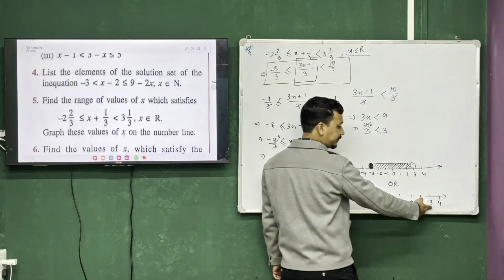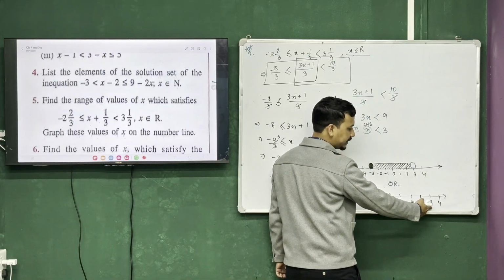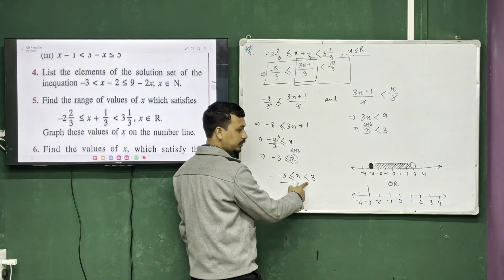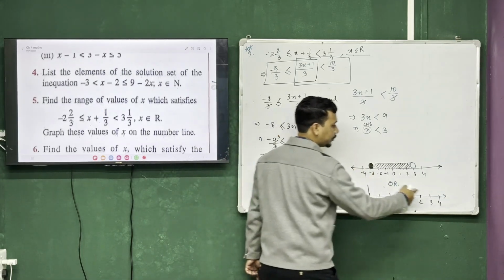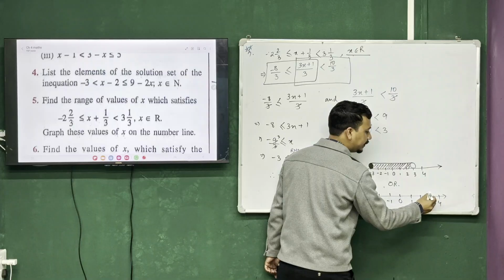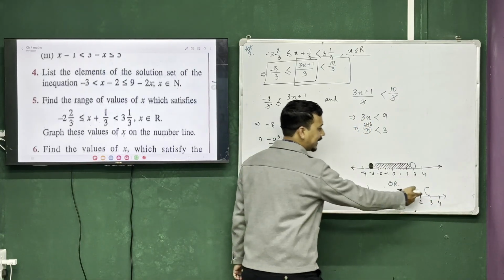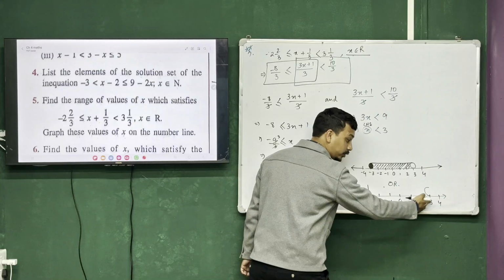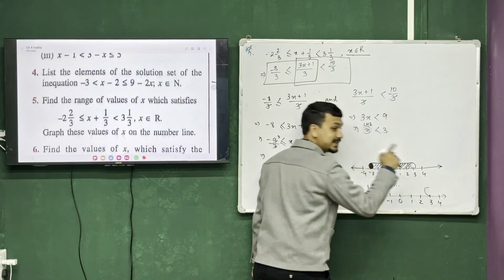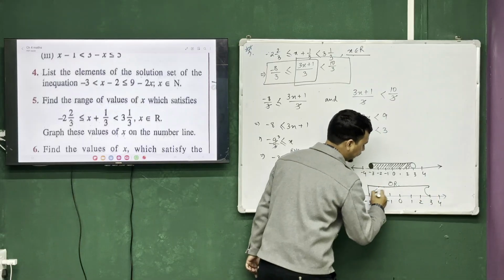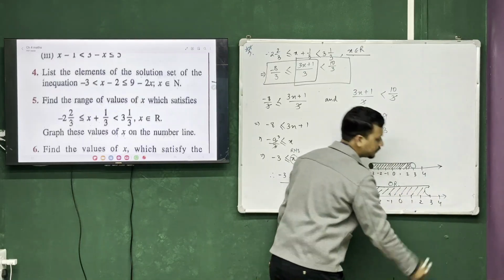Is positive 3 included? Yes or no? No. So positive 3 is not included, so we will make a curved line. Okay, indicating that it goes till minus 3 or it goes till 3, but 3 is not there. Then we will draw the line and then we will shade.